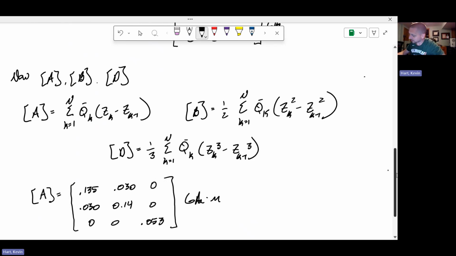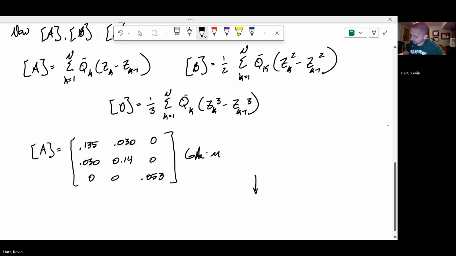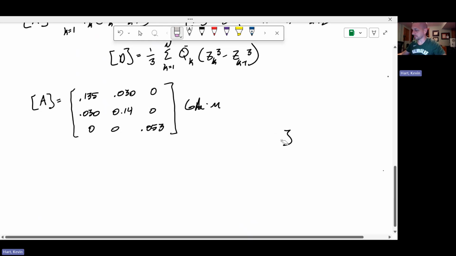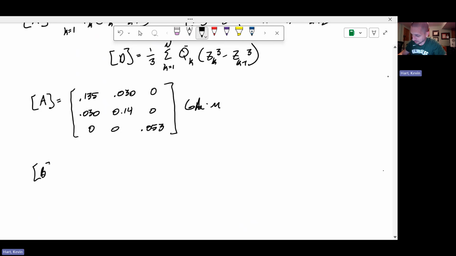Once you have the capital A matrix, you're going to invert to get the little a matrix. Well, let's be a little bit more clear here. The B matrix is also something. The D matrix is also something.